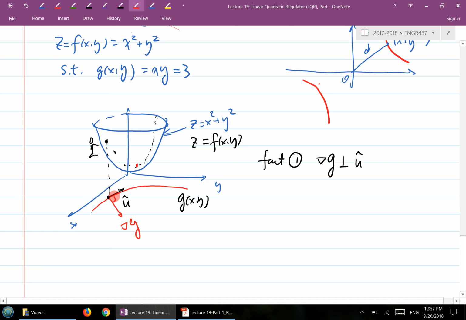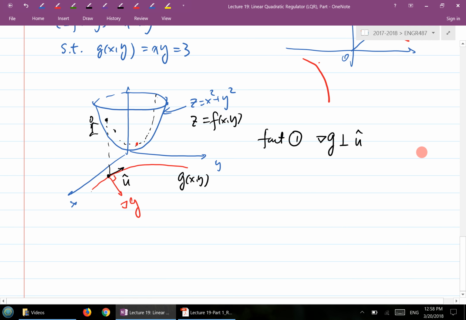Now, second fact. Before we write it down, I need to write down the directional derivative formula. So what is the directional derivative? First of all, what is the derivative, maybe?